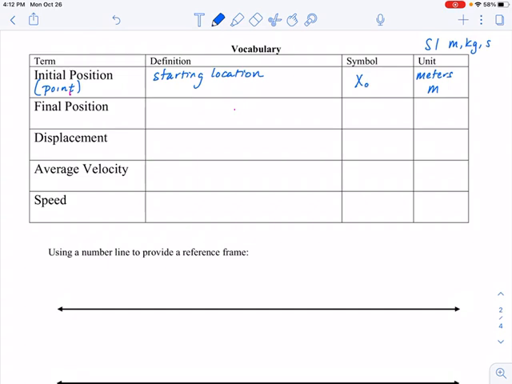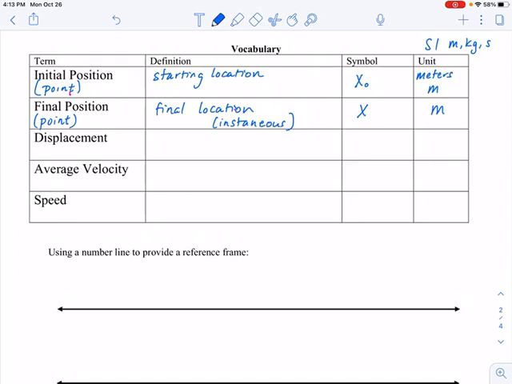Okay, so final position is also a point in space. It's a final location. Its symbol is going to be just a plain x. This could also be instantaneous location, instantaneous meaning at any given instant, and its unit will also be meters.